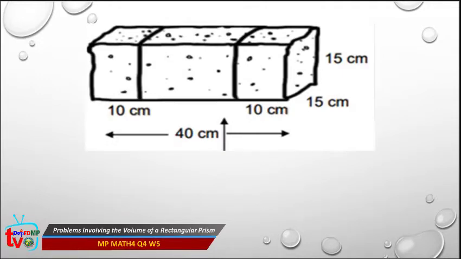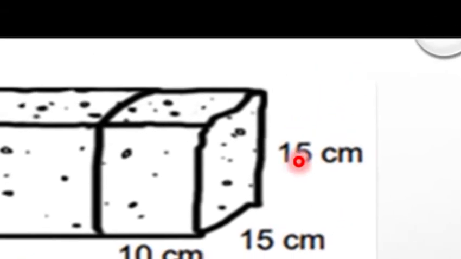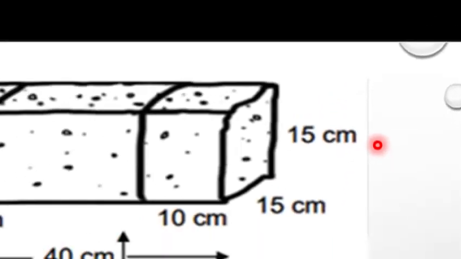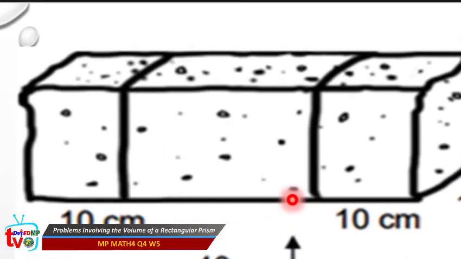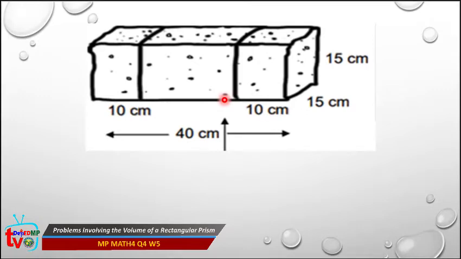We need to find the dimensions of the middle slice, the length, the width, and height. In this illustration, the width and height are already given. We just need to find the length of the middle slice. How? We add the length of the 2 end slices, which are 10 and 10.